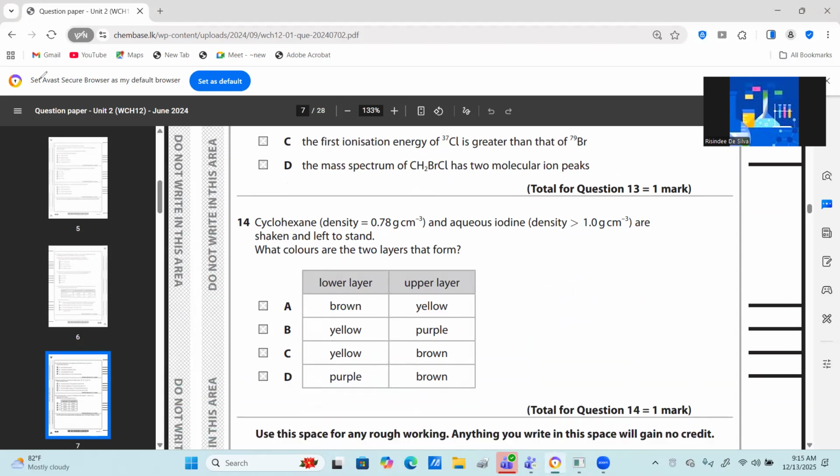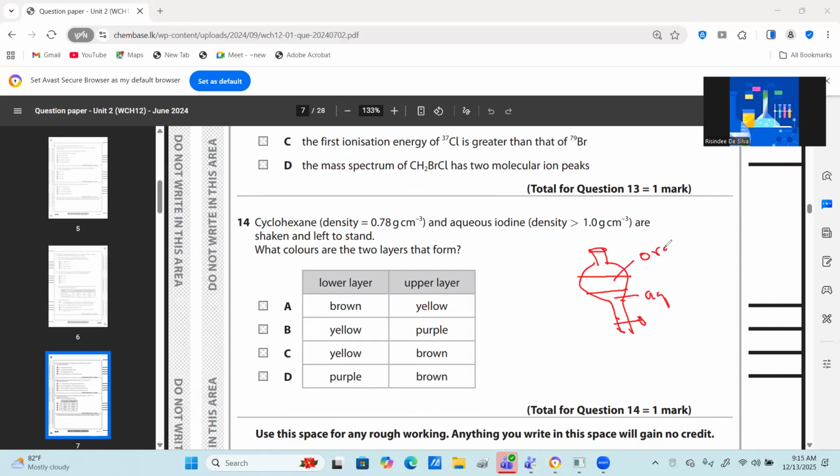14th one, cyclohexane and aqueous iodine are shaken and left to stand. What colors are the two layers? Okay. If you take a separating funnel, depending on the density, we can see the density of water is greater than the density of cyclohexane. Therefore, at the bottom, you have the aqueous solution.